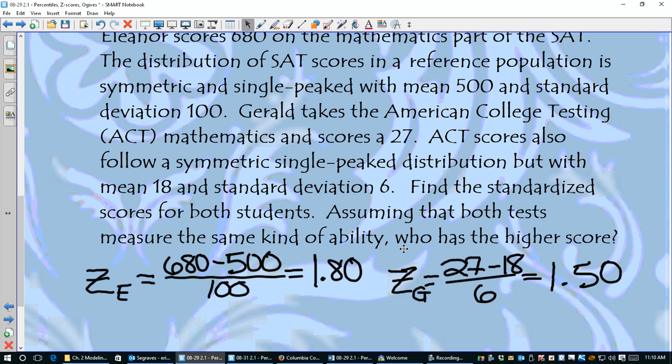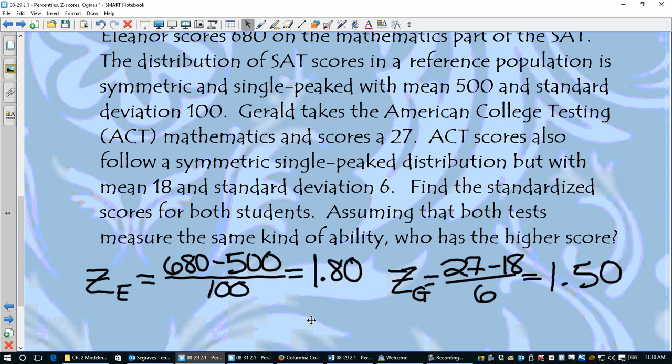Now I'm looking at Gerald. Gerald scored a 27, so 27 subtract the mean of 18, divided by the standard deviation of 6. It gave him a z-score of 1.50, or 1.5. That means Gerald was 1.5 standard deviations above the mean, and Eleanor was 1.8 standard deviations above the mean.